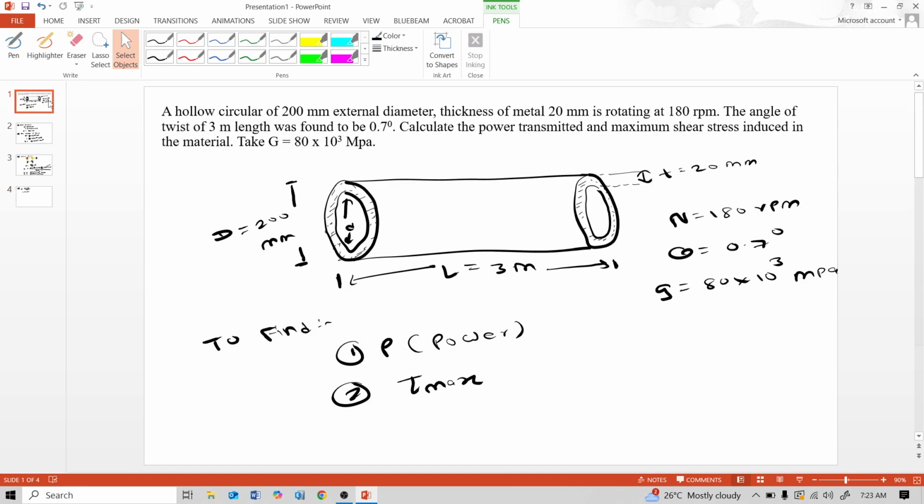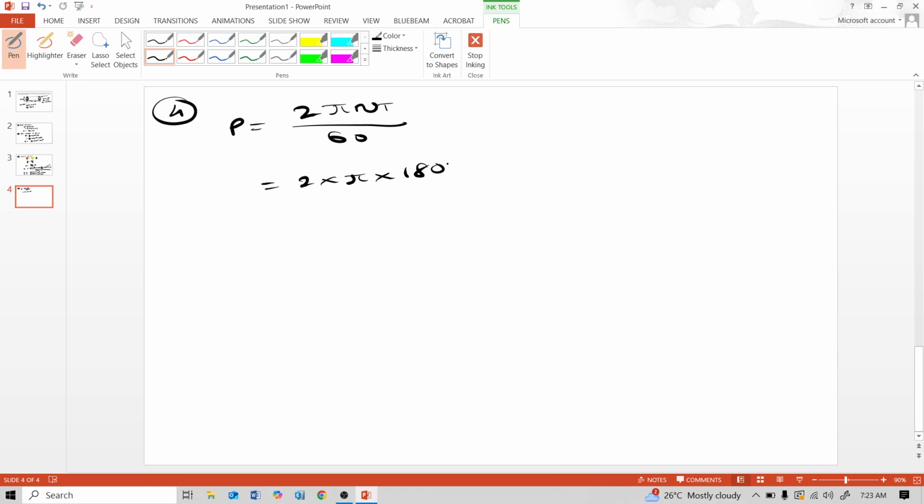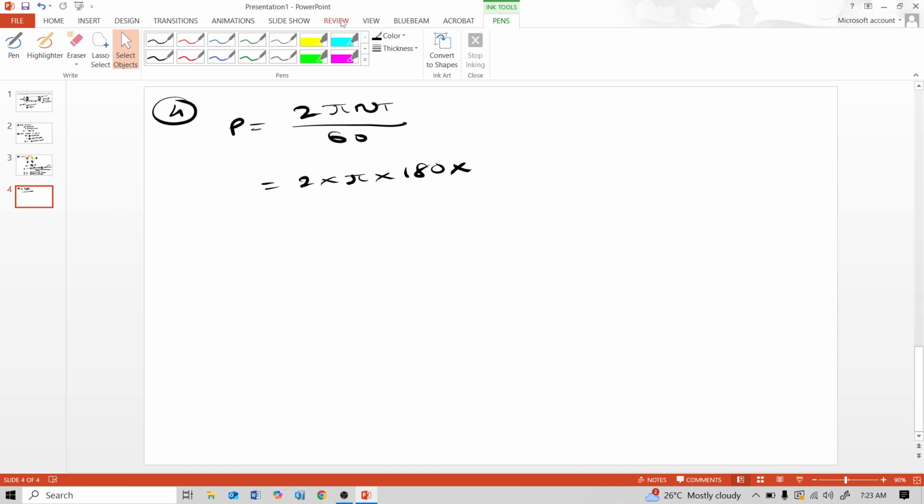N is 180 rpm, T is 30.2208 into 10 raised to 3 Newton meter, and divided by 60.